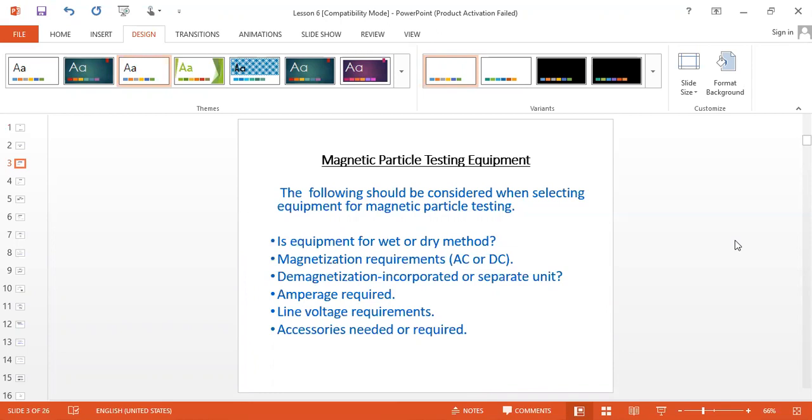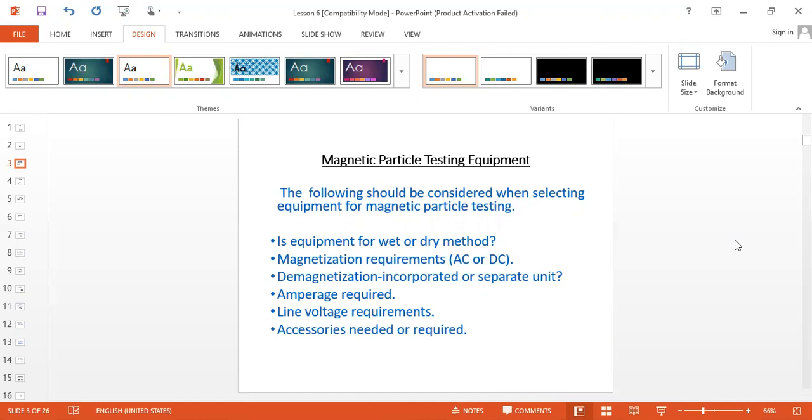But portable equipment, we can move anywhere on the site location because the weight of portable equipment is very less. So the application of portable equipment, stationary equipment, and mobile equipment depends upon your number of jobs, size of job, sensitivity requirement. So these are the things we are going to discuss here.